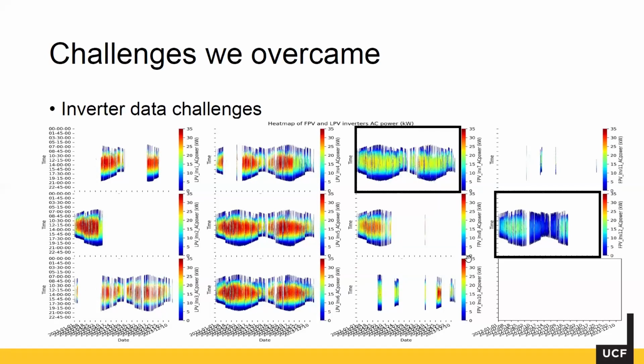For some reason, we don't have the inverter 9 data. In some cases the inverter might be working fine, but we might have issues collecting the data, so we didn't consider the inverter 9 temperatures. Inverter 12 also has some gaps, so it is also not considered in the analysis.